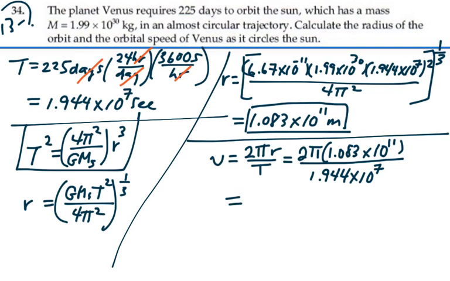And that gives us a speed for Venus going around of 35,007 meters per second. So that's how fast Venus is going. 35 kilometers per second is the speed of Venus in its orbit around the Sun.